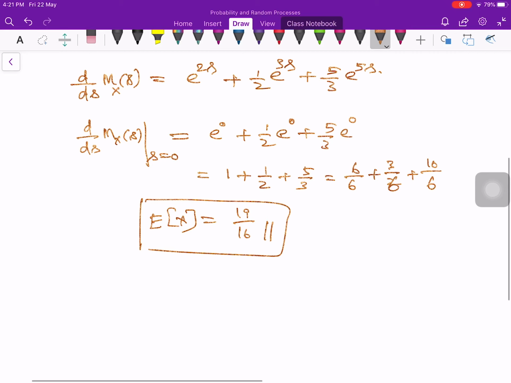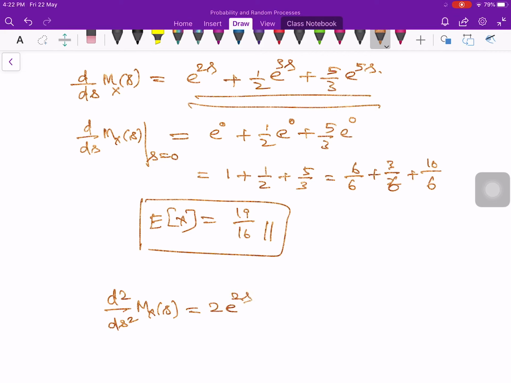Now let us find the second moment. Differentiate one more time. So d square over ds squared M_X(s). So this is 2 times e to the 2s from here. Then 3/2 times e to the 3s plus 5 times 5, 25 over 3 times e to the 5s. Right?